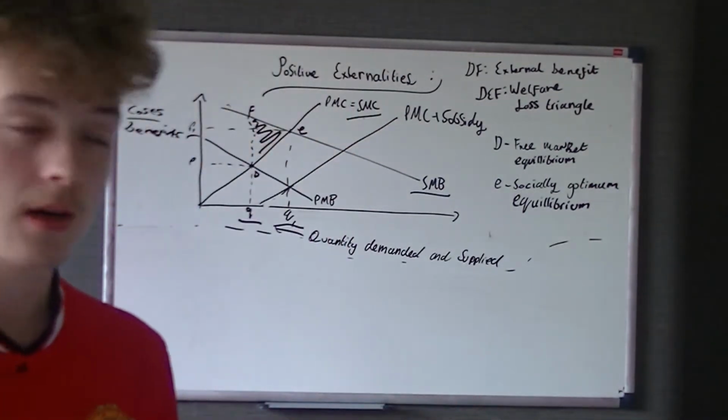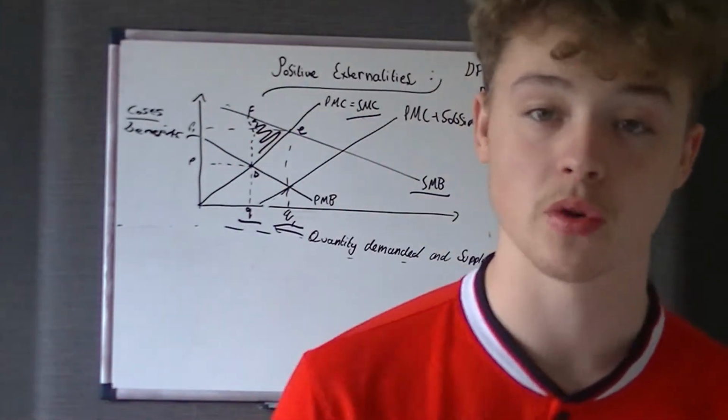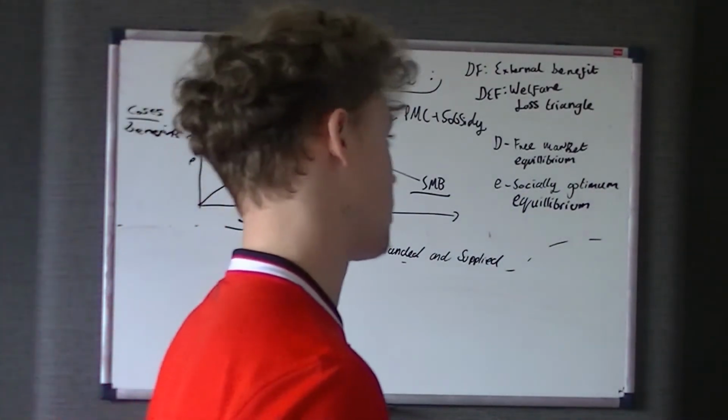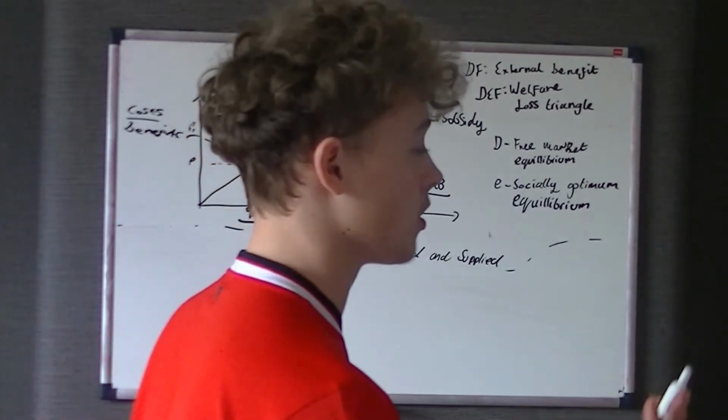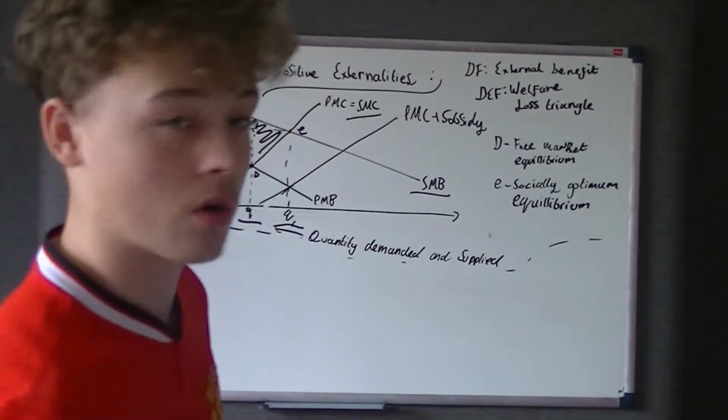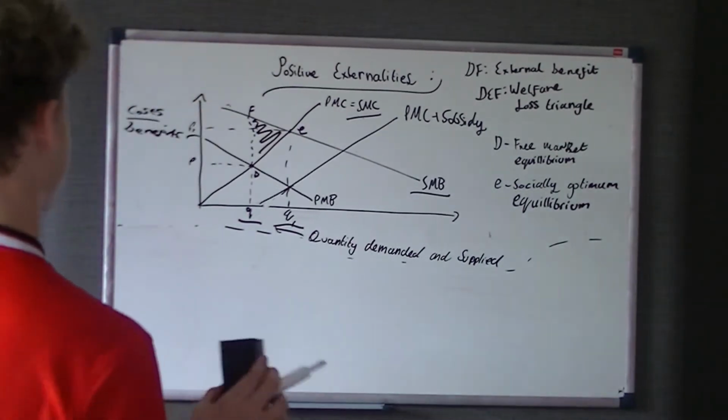But I'm not going to focus too much on regulation because I've already covered it in the negative externalities diagram, and you just sort of reverse it, but it works the same way, and the advantages and disadvantages are the same way, so I'm not going to go over that. I'm just going to go over the subsidy because that's what's different.